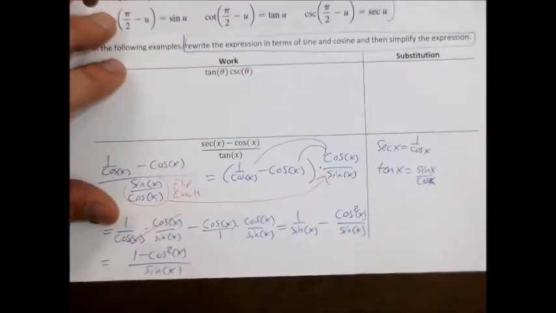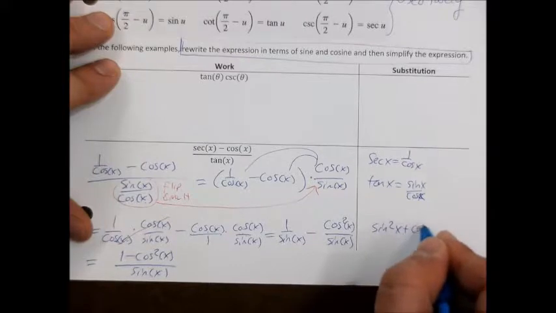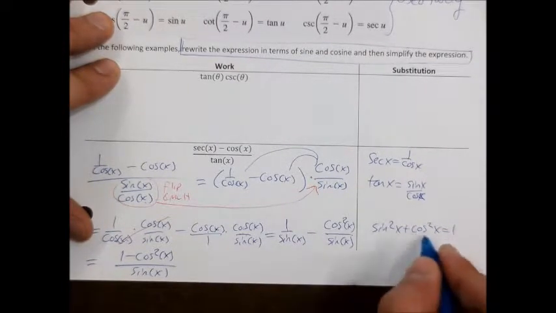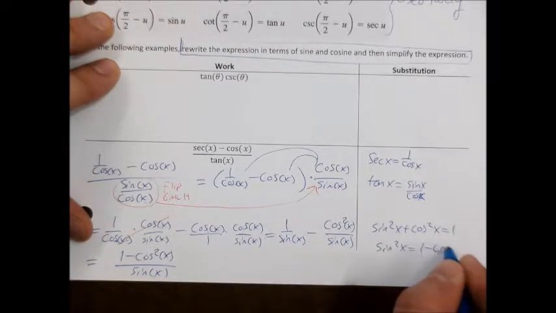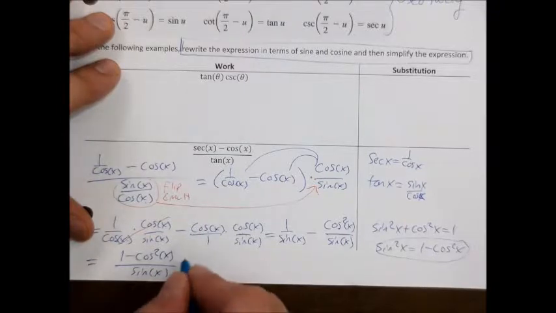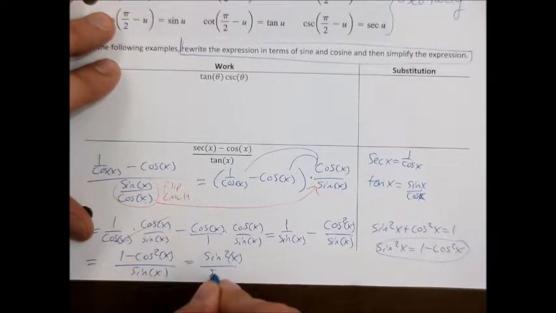So we can use that identity because we know sine squared plus cosine squared equals 1, right? And so that means that if you subtract cosine squared, sine squared equals 1 minus cosine squared. And so you can make this substitution into the 1 minus cosine squared. Right, so this becomes sine squared over sine.